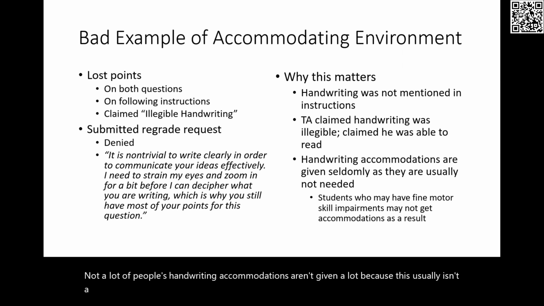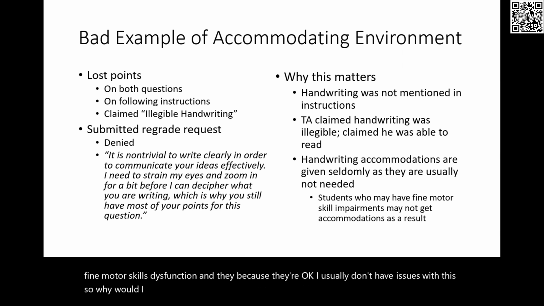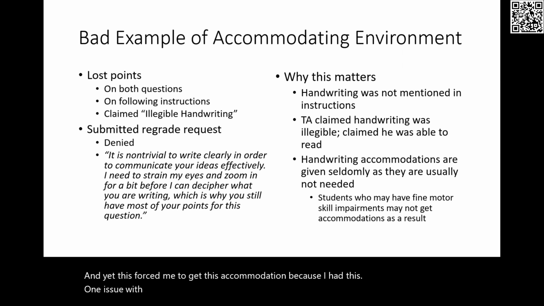And somebody who has a fine motor skills dysfunction may not even be registered with DRES, because they think, okay, I usually don't have issues with this, so why would I need to register with DRES to get this accommodation? And yet this forced me to get this accommodation because I had this one issue with this TA.